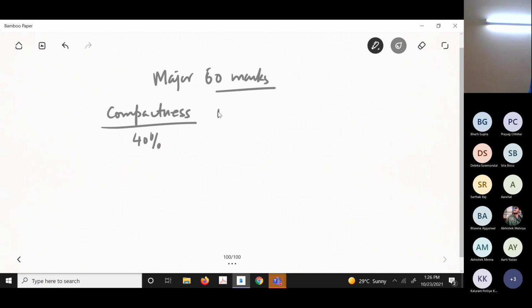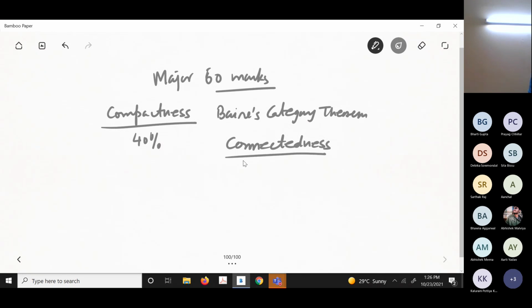Then I'll give a Baire category theorem problem. I'll give you one problem in connectedness that I'll teach you. Though I will teach connectedness in detail in the next semester, I will teach a little bit of connectedness, and one problem I will give on this.